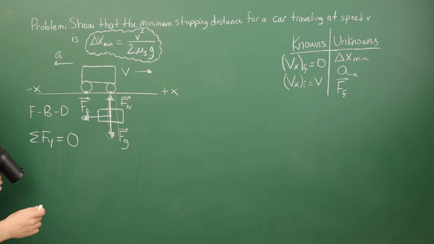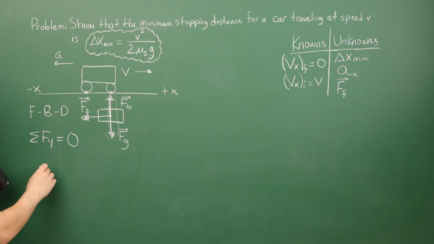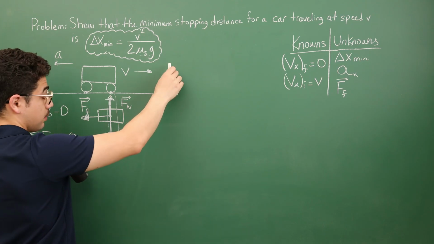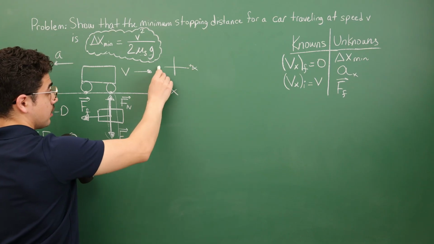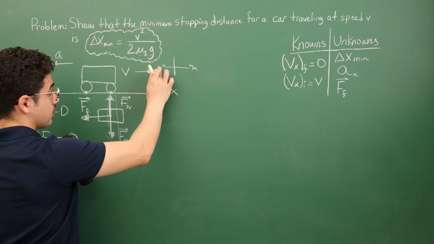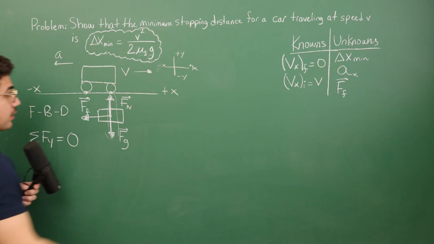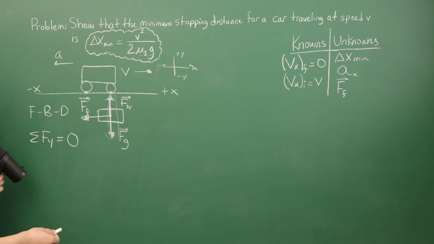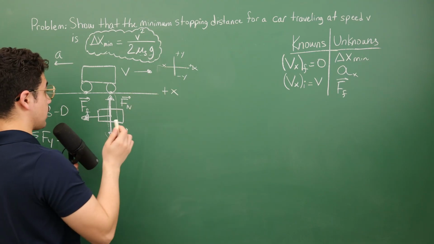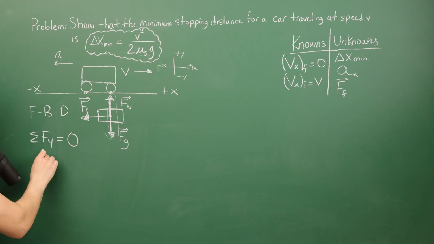So now I consider what my positive and negative forces are. If you want to be more technical about this, I'm declaring that this is my positive x direction, this is my negative x direction, and I'm calling upwards my positive y, downwards my negative y direction. So that's the coordinate system that I'm working with here. That's why I'm declaring that this normal force is going to be positive.